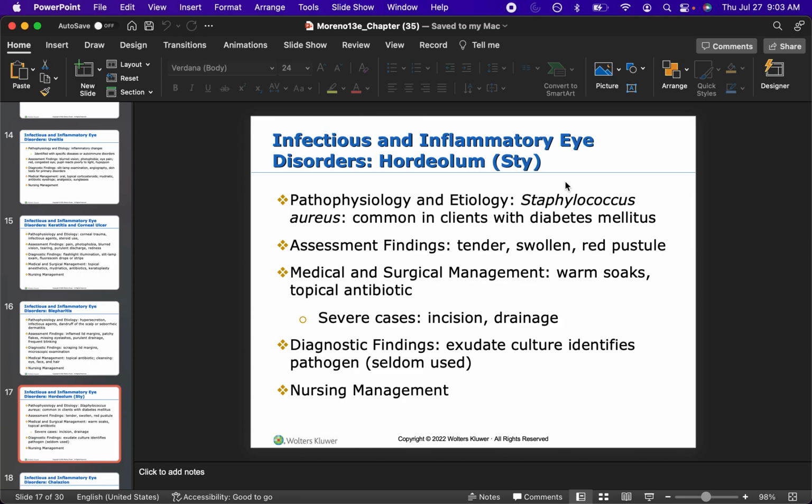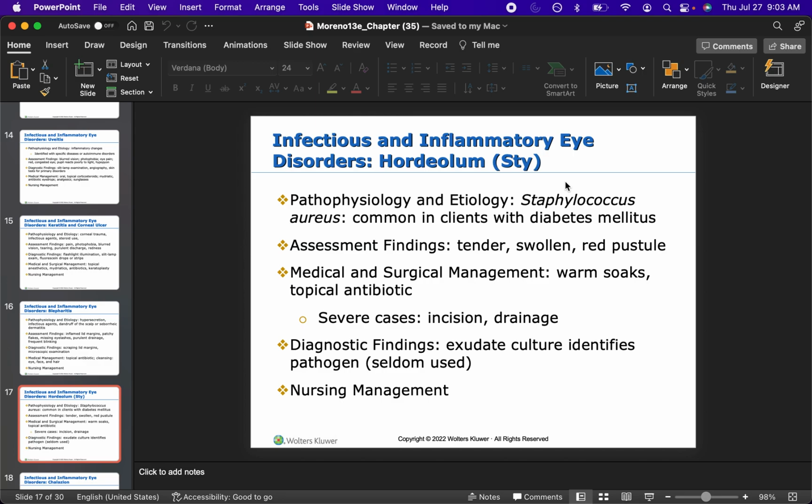It's a tender, swollen, red pustule. It takes a while for it to go away, unfortunately. If you wear contacts, you should be wearing glasses and not touching it. If you wear monthlies and you get a sty, you should just toss those right away. You don't want to be continuously wearing a pair of contacts that you initially had an infection with.